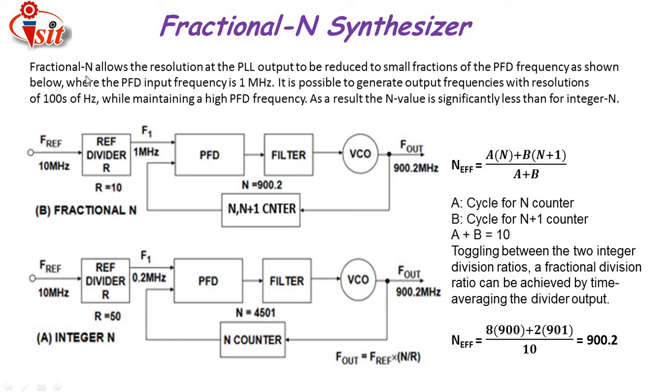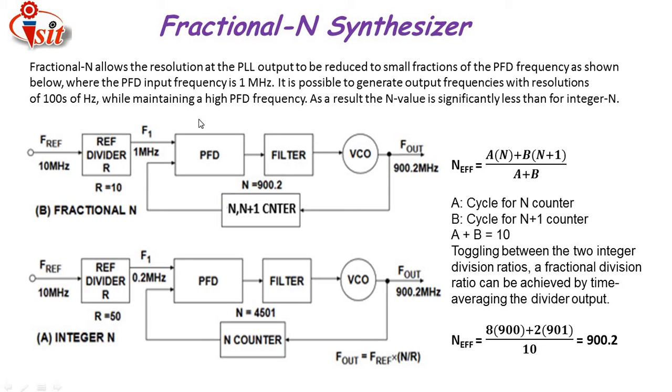Fractional N allows the resolution at the PLL output to be reduced to a small fraction of the PFD frequency, as shown below, where the PFD input frequency is 1 megahertz. It is possible to generate the output frequency with resolutions of 100s of hertz while maintaining a high PFD frequency.